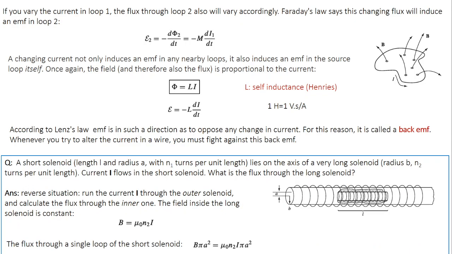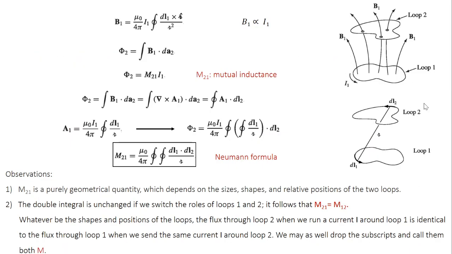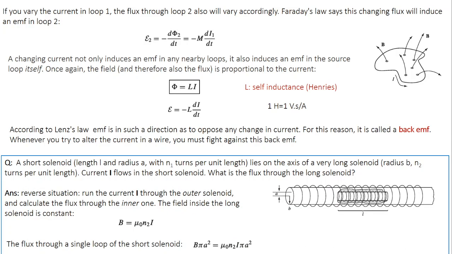Now what happens if the current through loop 1 changes? When the current changes, B1 is going to change. Consequently, the flux through loop 2 changes. So changing flux induces an electric field and EMF in loop 2. You can call that EMF E2, and from Faraday's law this is equal to minus d phi 2 by dt.